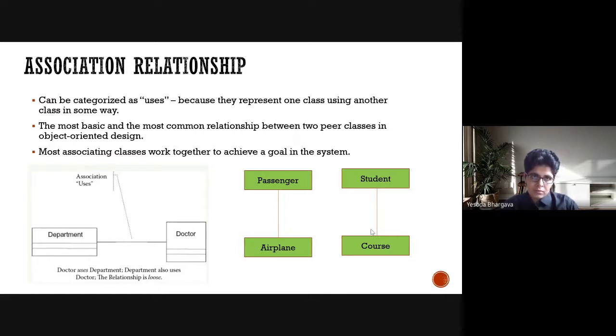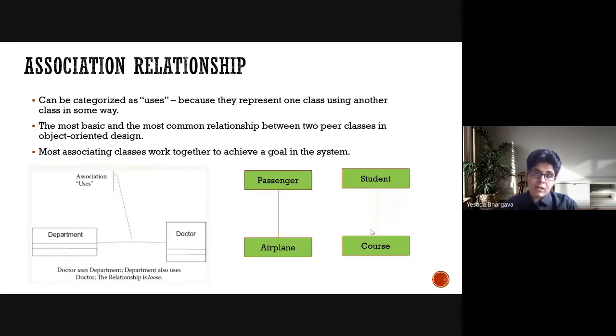We looked at how a class is described in a class diagram, and then gradually we are moving towards the kind of relationship between classes. We discussed the association relationship, which is the most simple kind of relationship. It's a very loose association. On Wednesday, we will look at aggregation and composition.